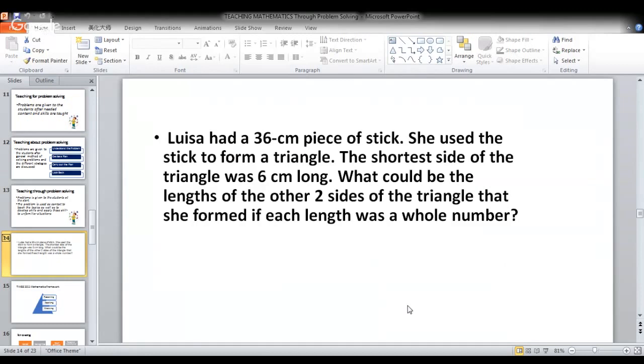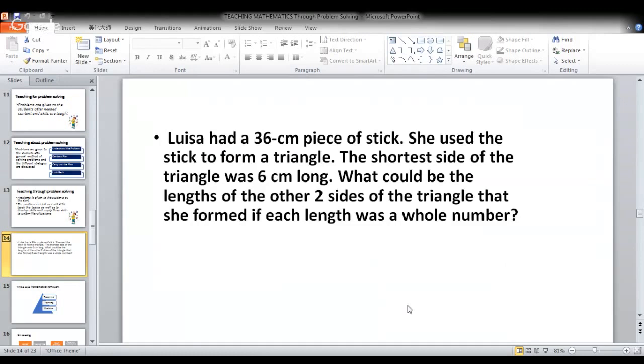Okay, another one. One of my student teachers has used this problem in teaching the triangle inequality theorem, where Luisa had a 36 centimeter piece of stick.